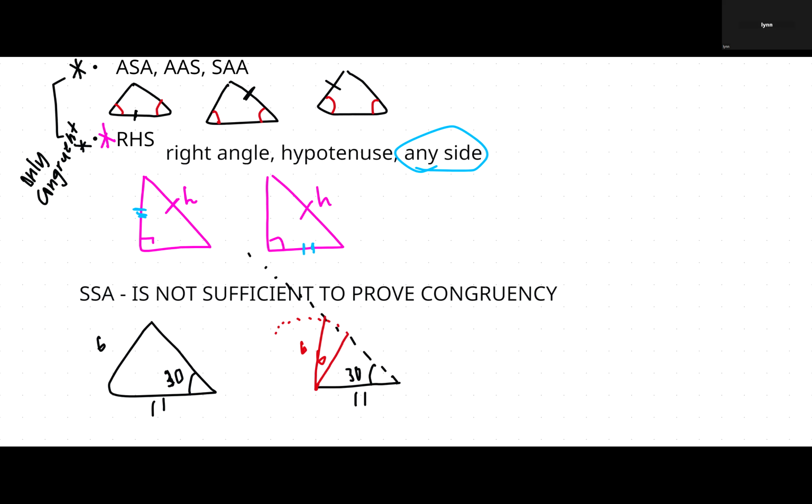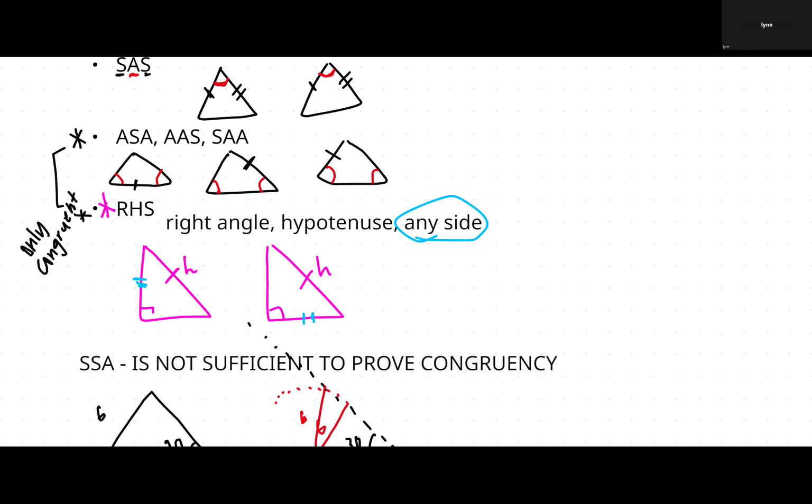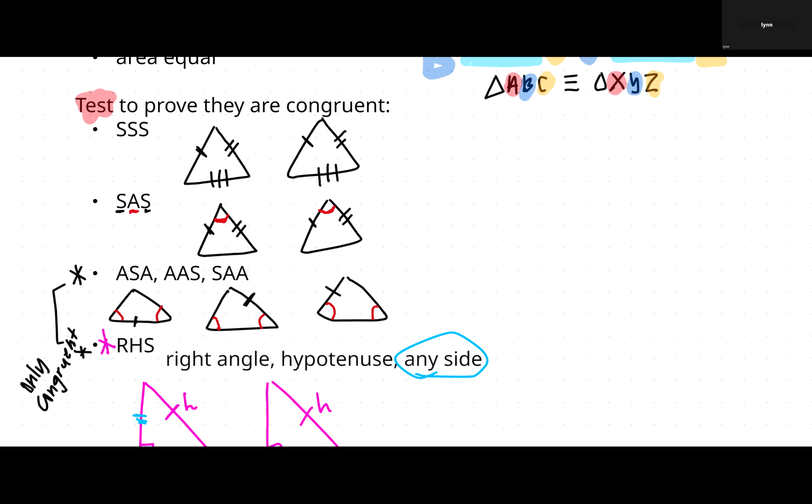Neither can you use it to do similarity. So usually, what are my 3 top favorites? I hardly use ASA, AAS, and SSA unless the question really gives it and I have no choice. My top 3 favorites are always SSS, SAS, and RHS. Understand?